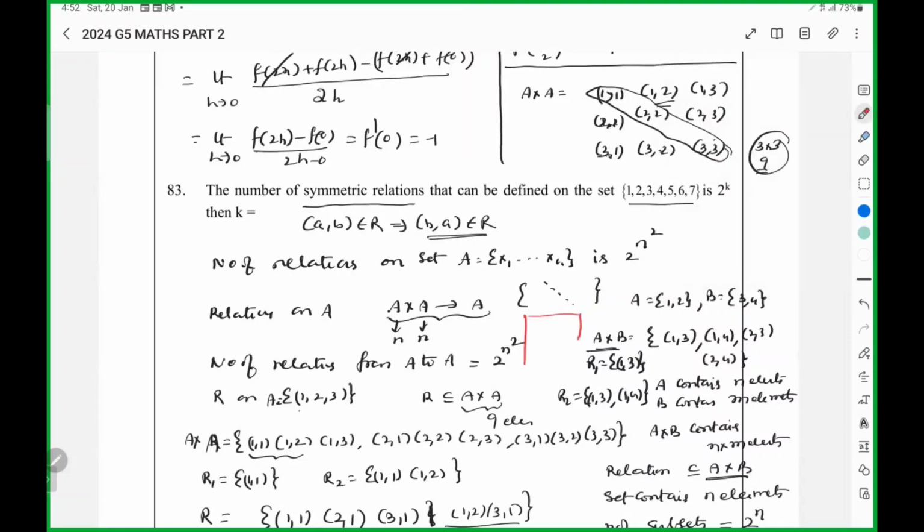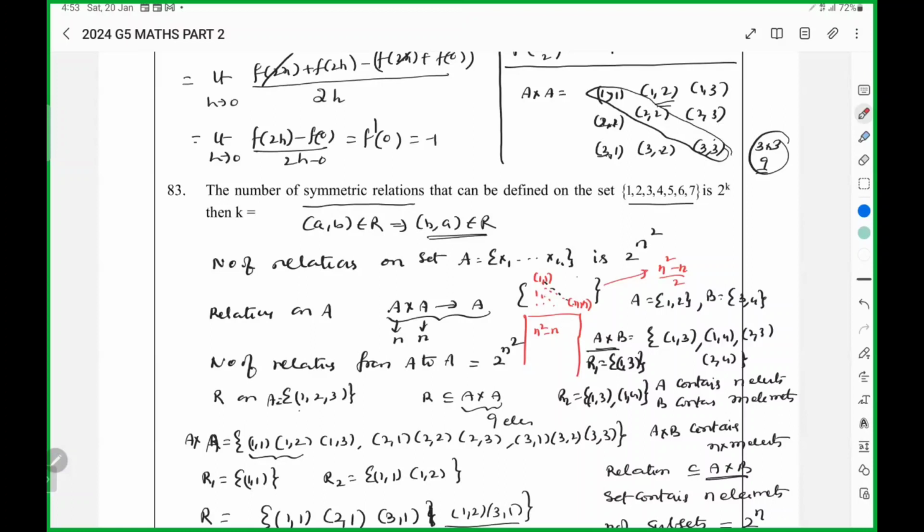Along the diagonal n elements are there, like (1, 1), (2, 2), ..., (n, n). Remaining, leaving the diagonal, n square minus n. How many are there below the diagonal? Below the diagonal and above the diagonal are the same.